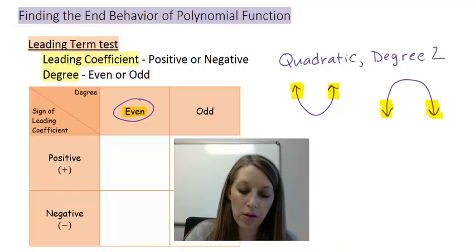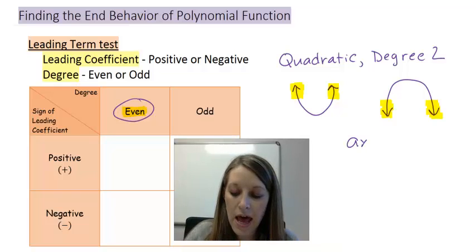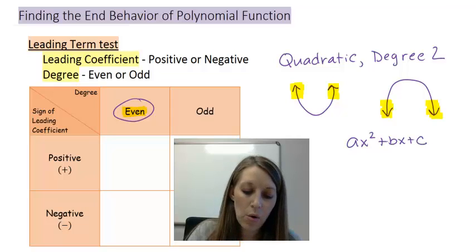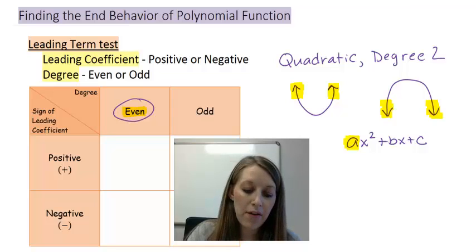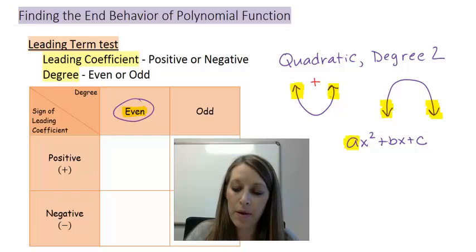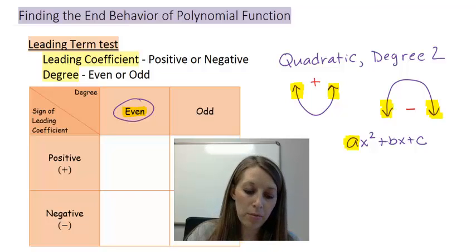So the formula looks something like ax squared plus bx plus c, where our a is the leading coefficient. If our a is positive, then both ends open up, and if our a is negative, then both ends open down. So that's the format for all even degree polynomials.